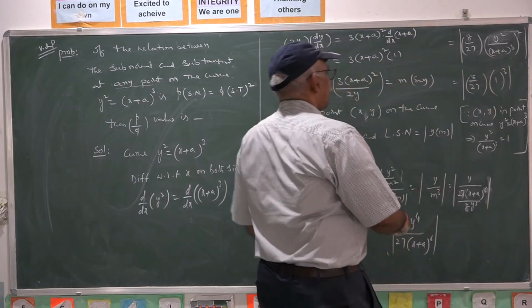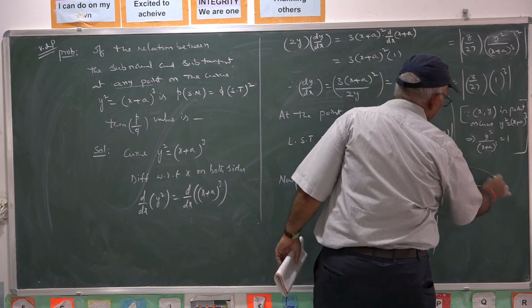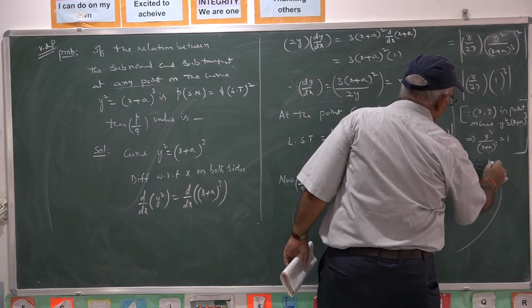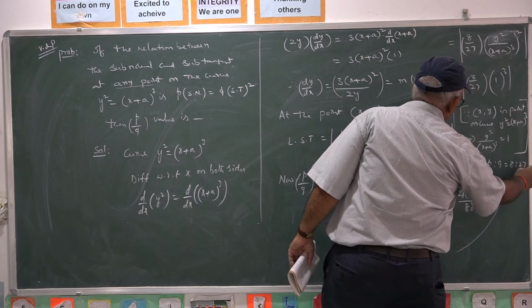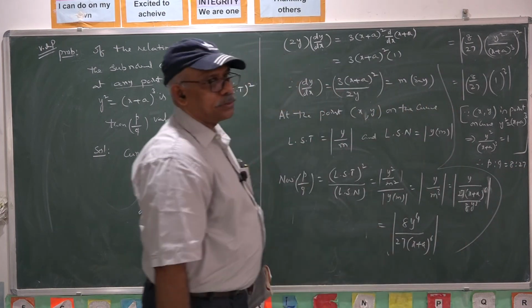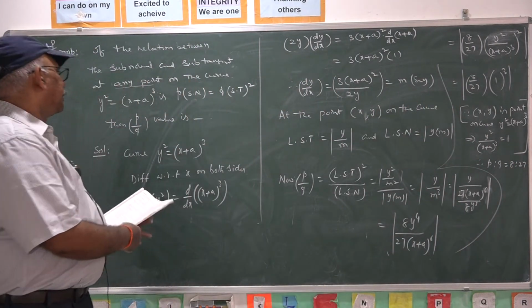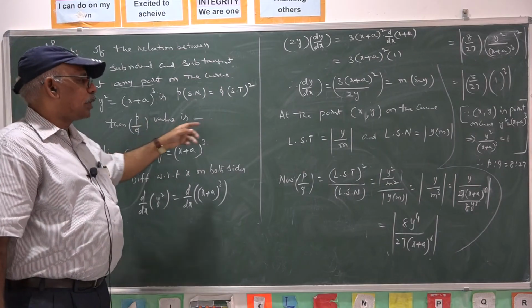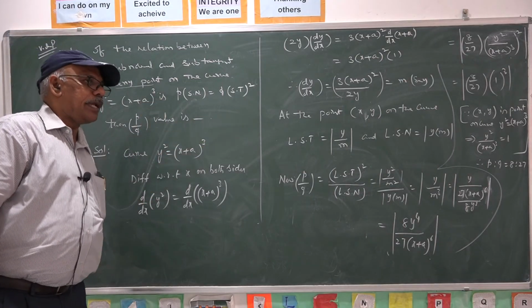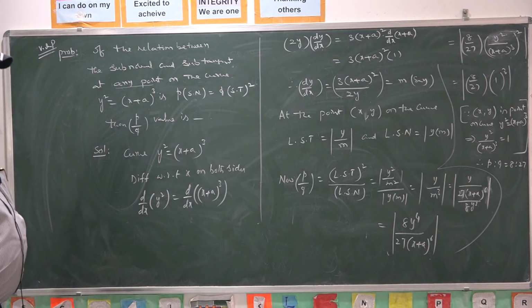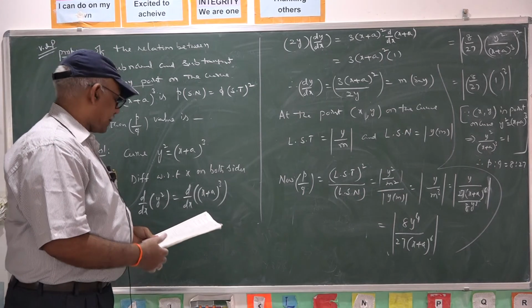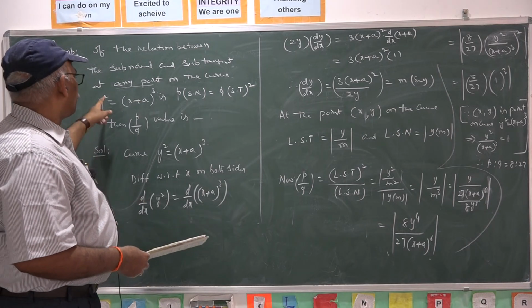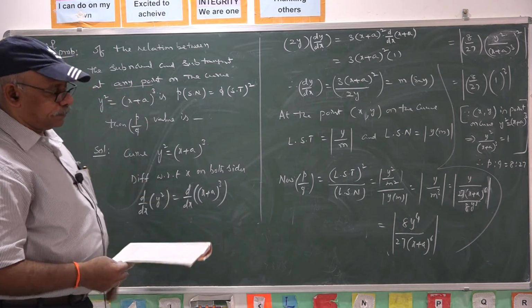Therefore, P is to Q, the ratio is 8 is to 27. P by Q value is always constant here, that is 8 is to 27, that is 2 cube is to 3 cube.